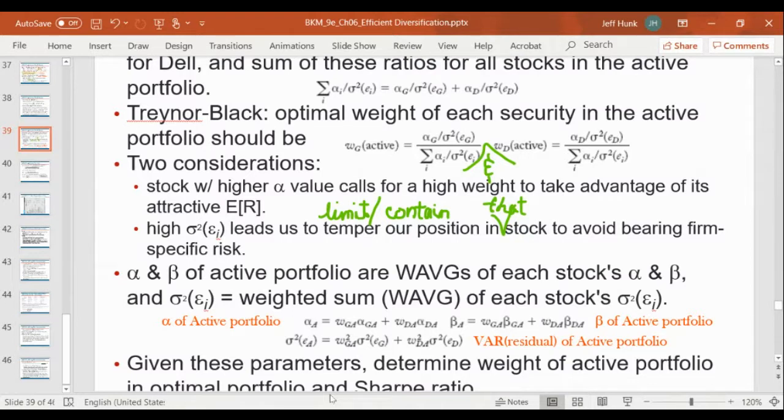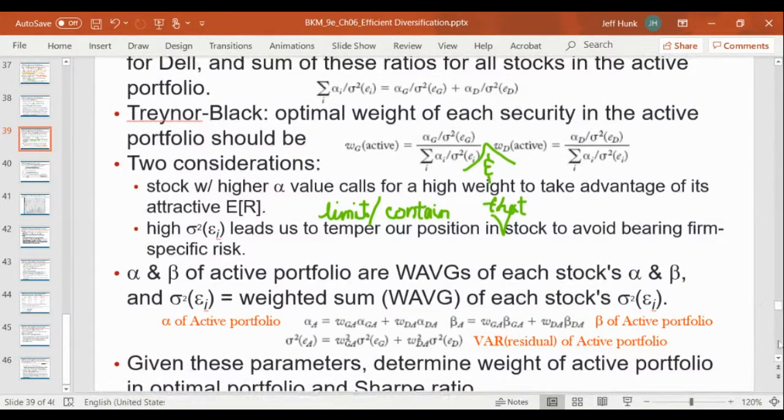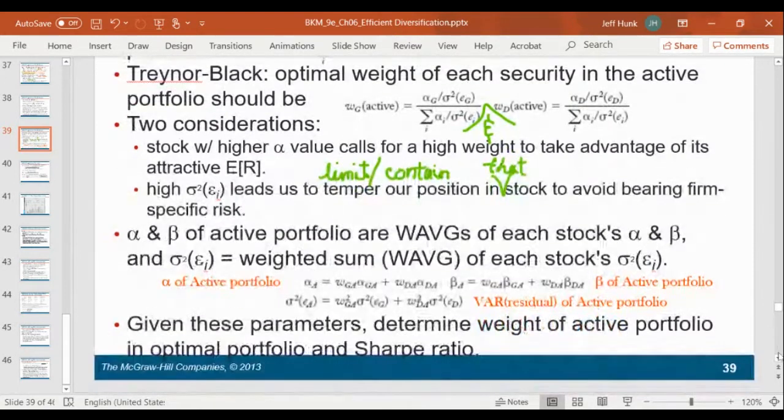When you combine two standard deviations, it cannot be simply that. So that's what it is saying. The active portfolio's alpha is the weighted average of two alphas, Google's alpha and Dell's alpha.